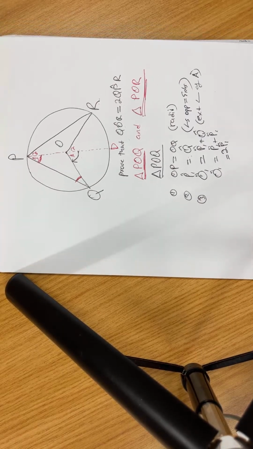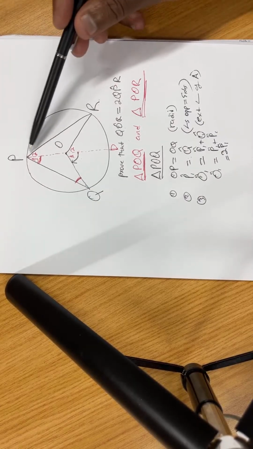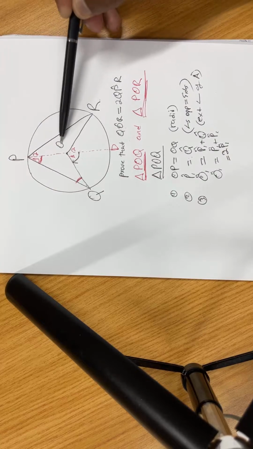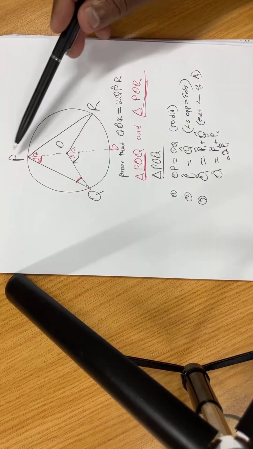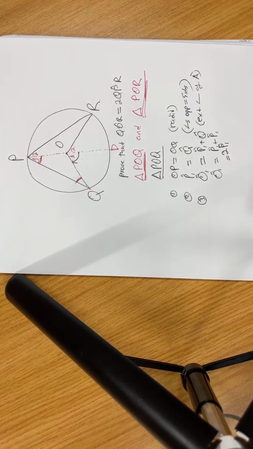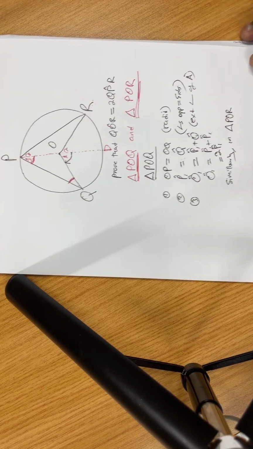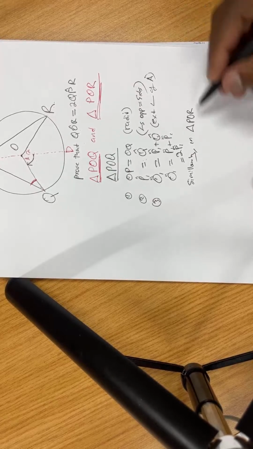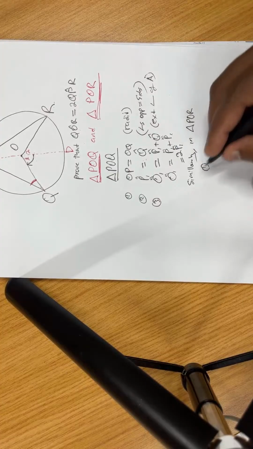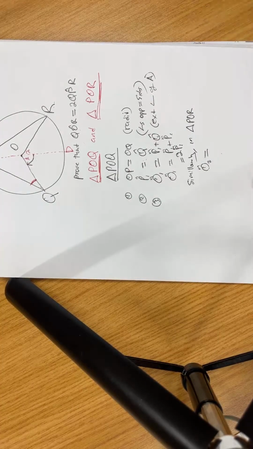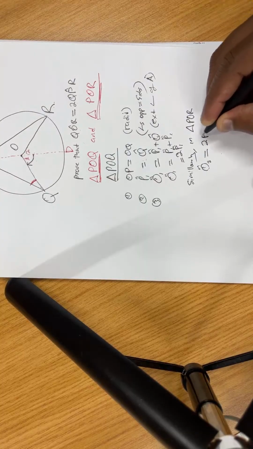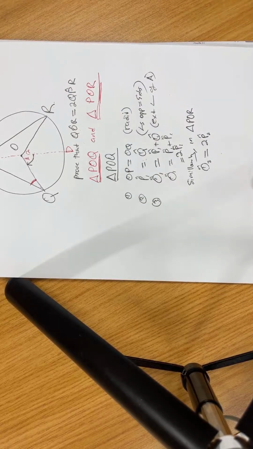Okay. So when we go to triangle POR, we apply what we did in triangle POQ. Therefore, we write similarly, in triangle POR, we know that angle O2 is equal to 2 angle P2.